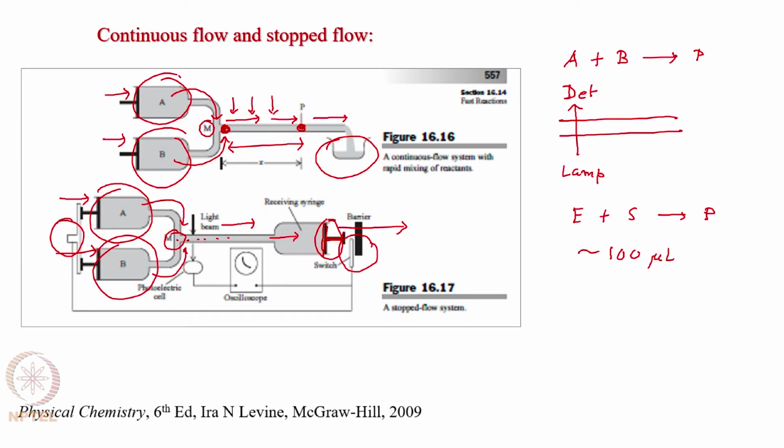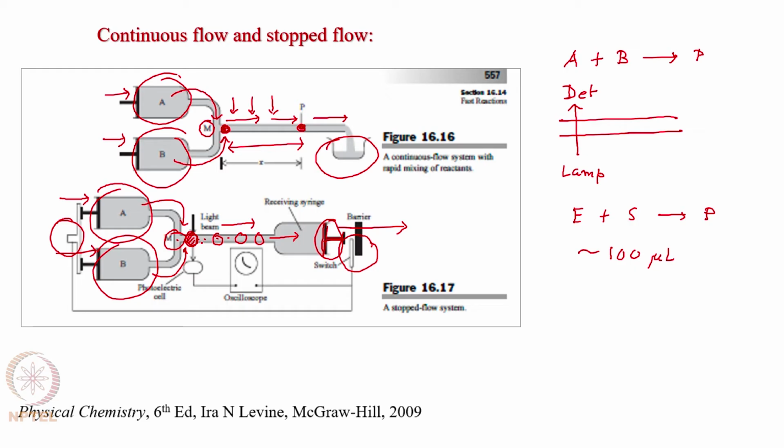So what will happen as a result, if you now look at the situation after the flow has stopped, you can think that if I fix my spectrophotometer at a particular position and then take the spectrum over time, then the flow has stopped everywhere.